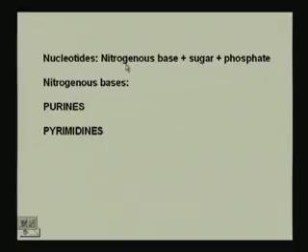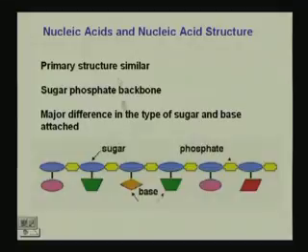Now, when we consider these nitrogenous bases, there are two types of bases that we consider, purines and pyrimidines. This is something that we considered when we did vitamins and coenzymes, but just to revise what we had studied there. When we consider these nucleic acids, therefore, we have the sugar and phosphate, which is actually called a sugar phosphate backbone.